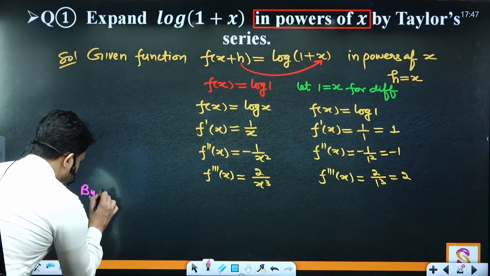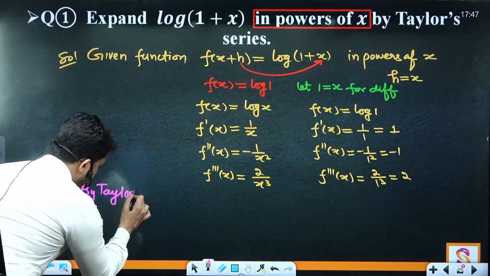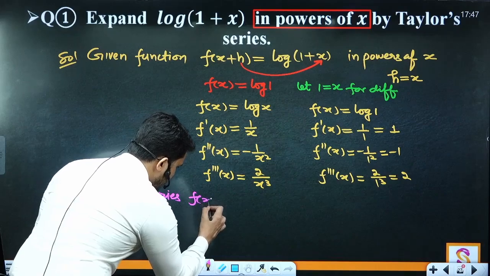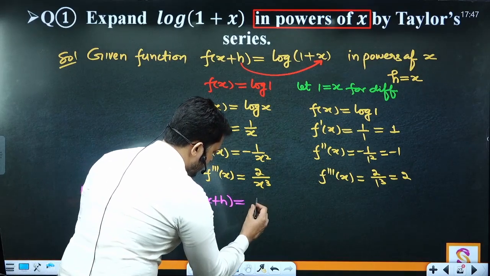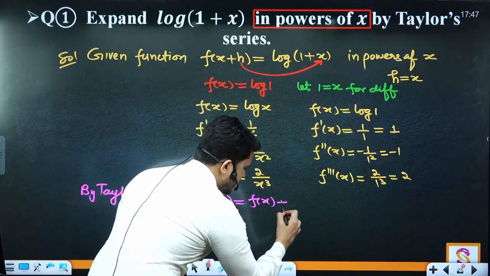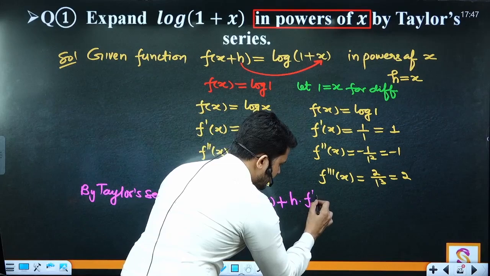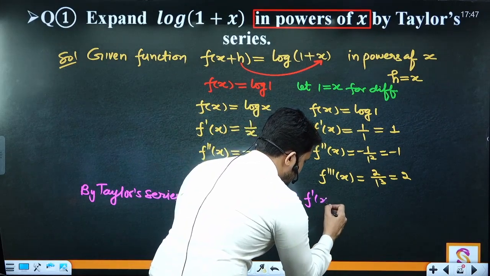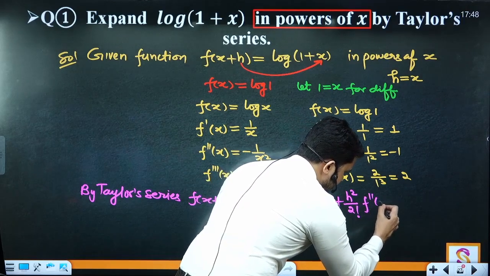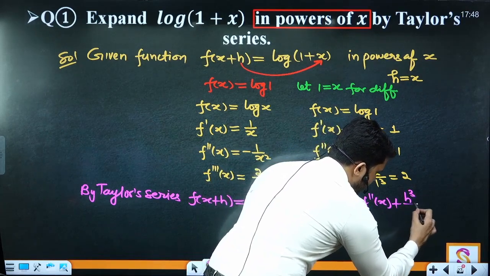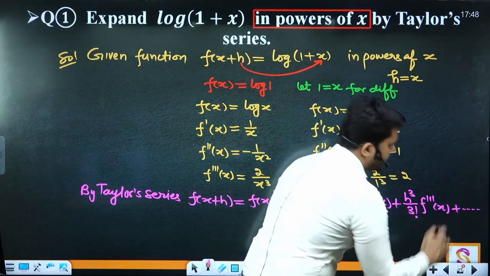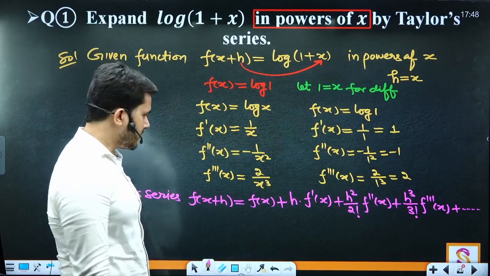नाउ बाय टेलर्स सीरीज, f of x plus h is equal to, क्या लिखेंगे, f(x), f(x) means this one, plus h into f dash x, plus h square upon 2 factorial f double dash x, h cube upon 3 factorial f triple dash x, and so on.